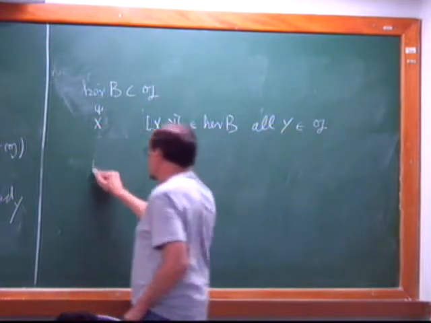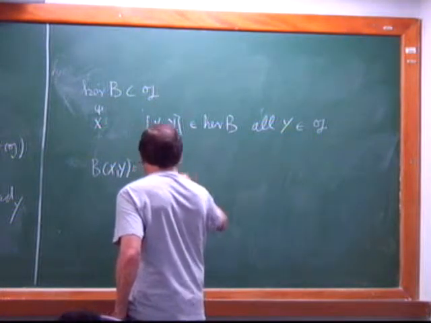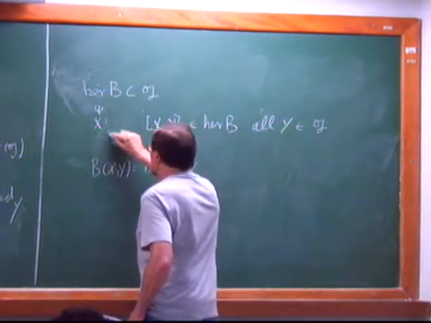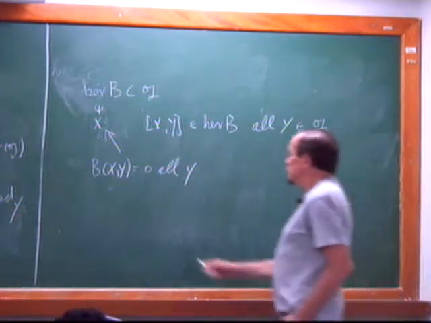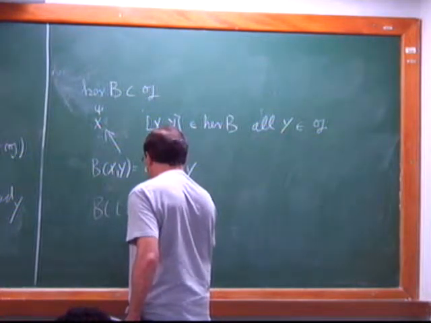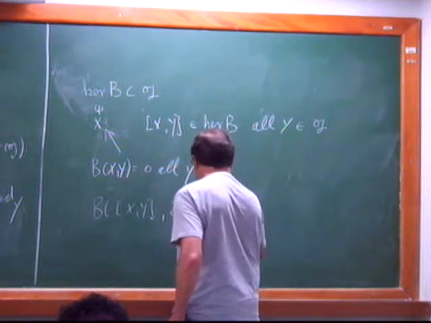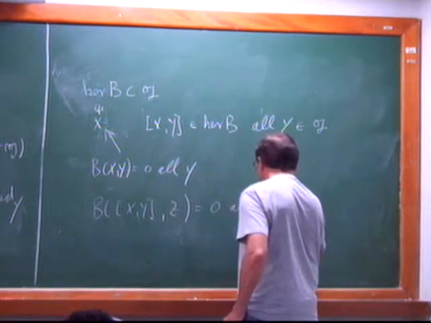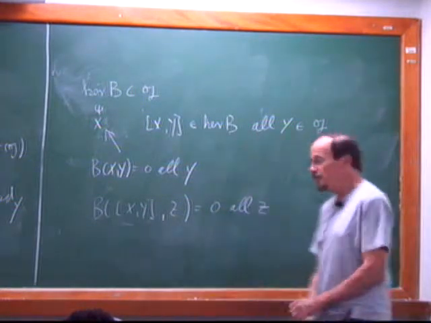So X lies in the kernel, so B of X, Y is 0 for all Y. That's what this means. And now I need to show that the Lie bracket also lies in the kernel. This is 0 for all Z. That's what it means for this vector to lie in the kernel.